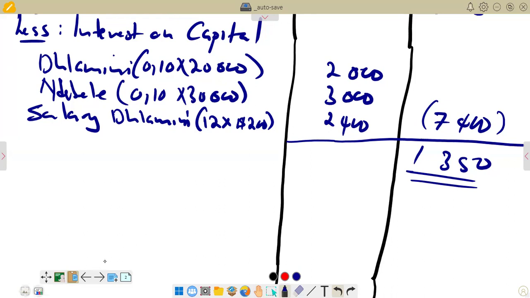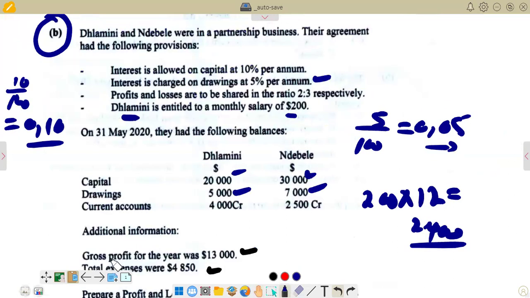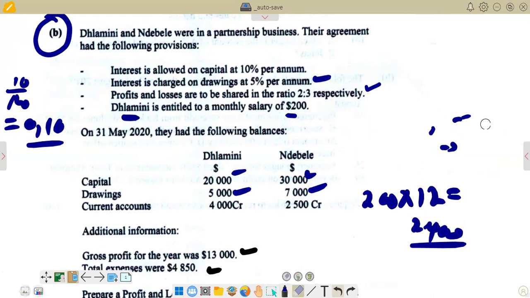So we go there and try to see what we have in terms of the profit sharing ratio. Profit sharing ratio is given here. Second point from last is saying profits and losses are to be shared in the ratio of 2:3. So basically 2:3. Let's just try to bring down the ratio.